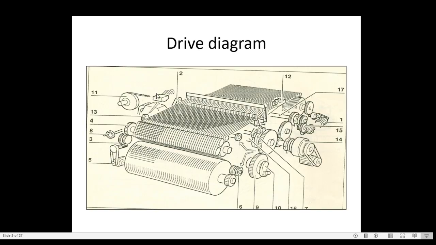Then we can see the web selector device, the left hand rapier drive, and the right hand rapier drive. So this is the main shaft drive.